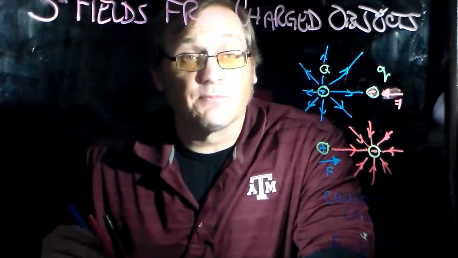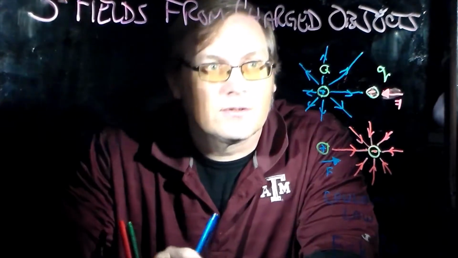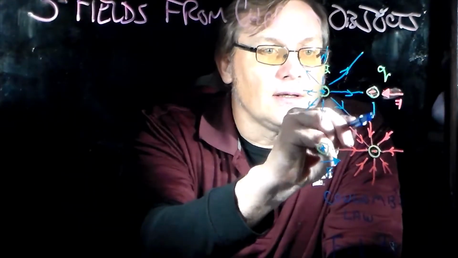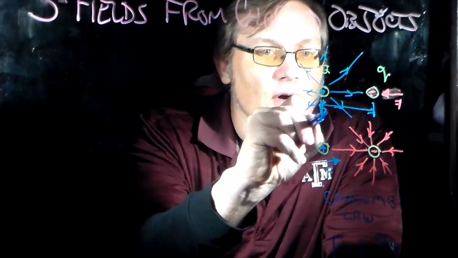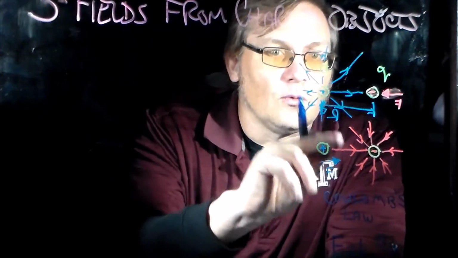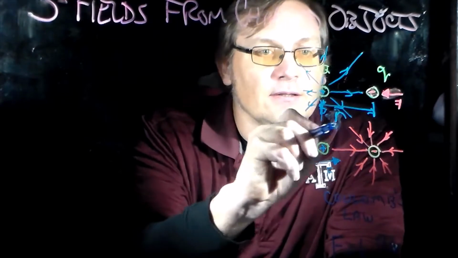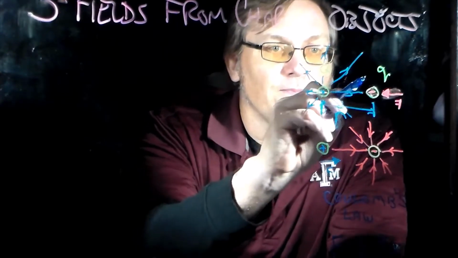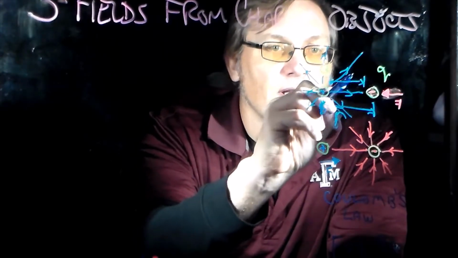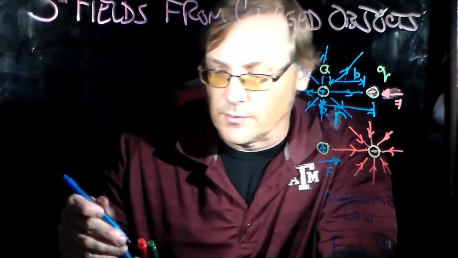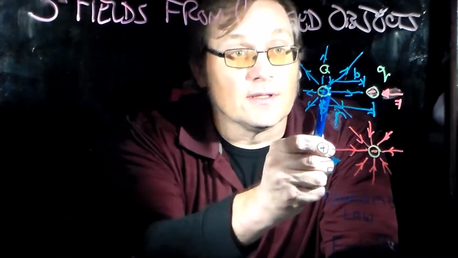Okay? And that's the distance between their centers. So this distance here is r, or little r, and I have to write it in the backwards direction. So that's little r, and it's not this distance here, which is technically the distance between them, because this is the distance between the surfaces.